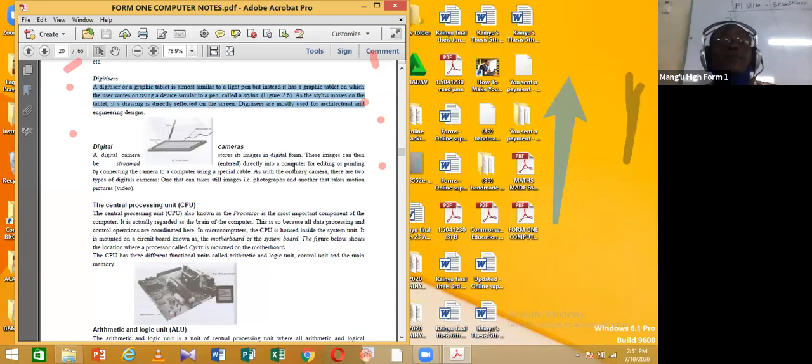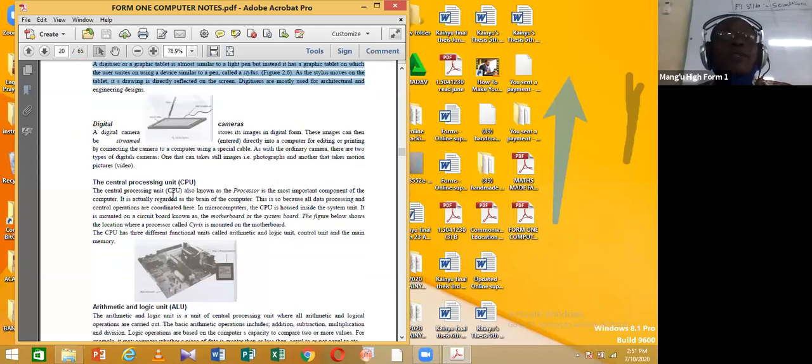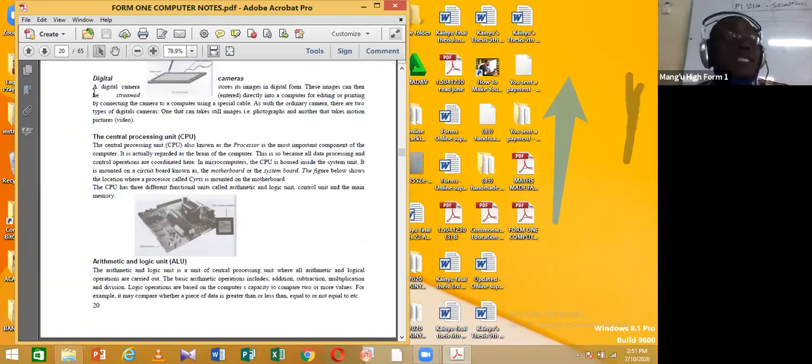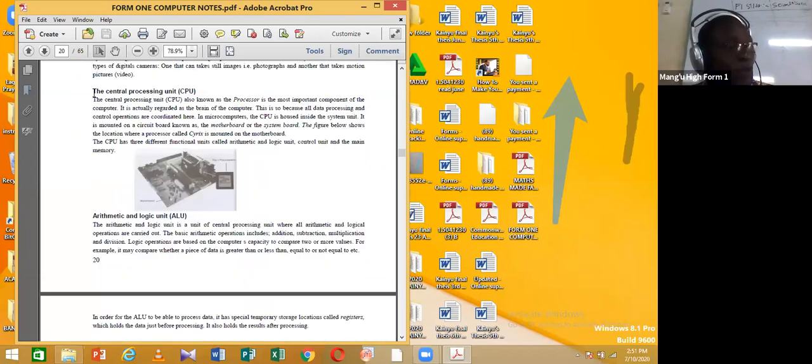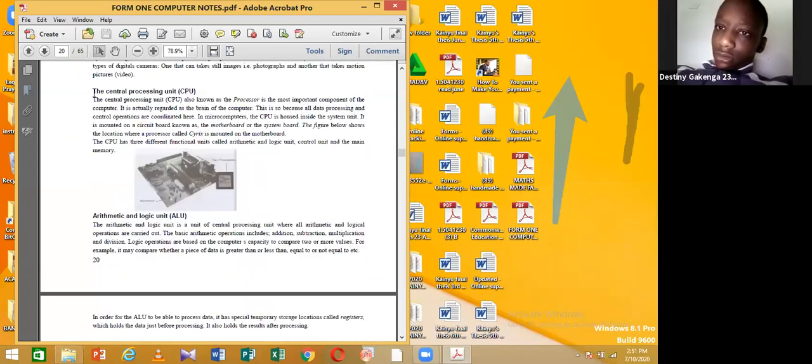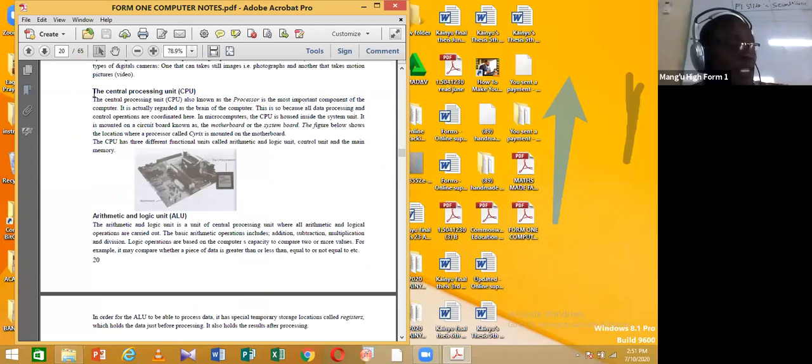Where I want us to go slowly is the second part of the hardware, away from the input devices.